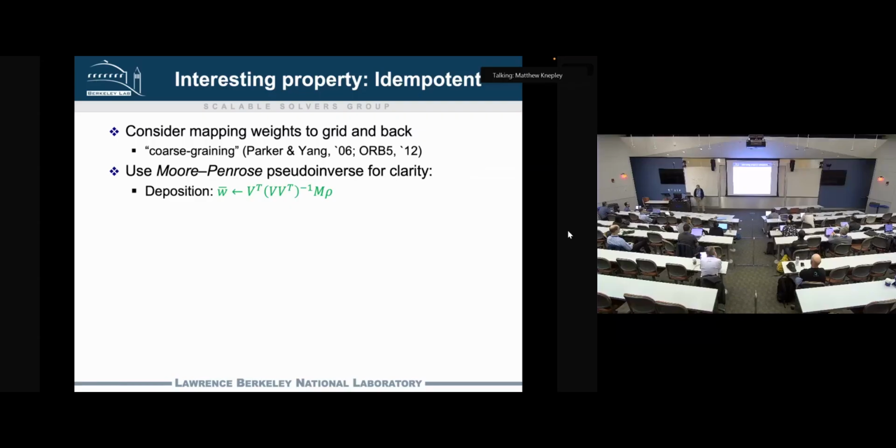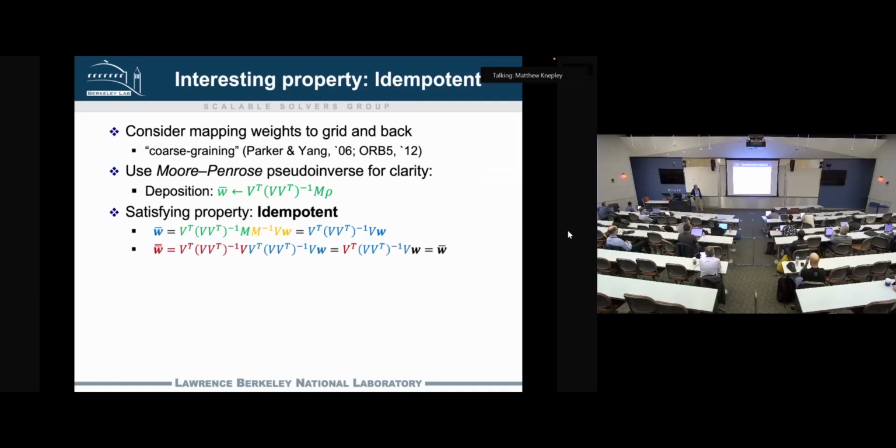So I'm going to now use a Moore-Penrose pseudo-inverse because it's a little easier to understand the analysis. And now the deposition takes this form. And so this has a satisfying property that it's idempotent, in the sense that if you compute this process of depositing and then mapping back, you get this expression for your coarse graining operator.